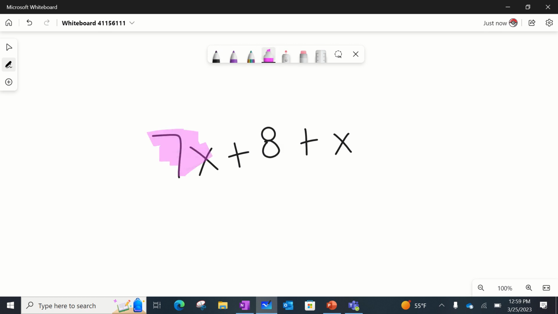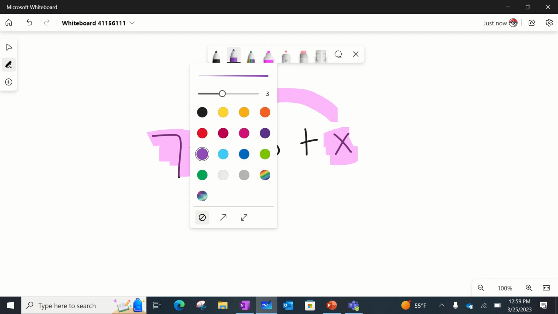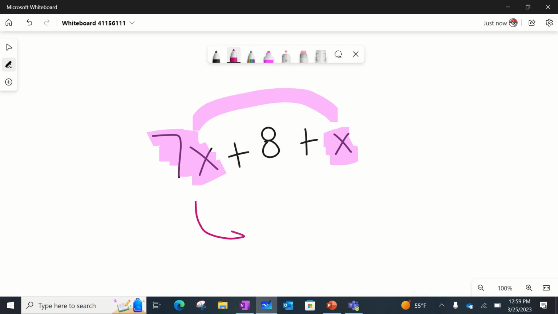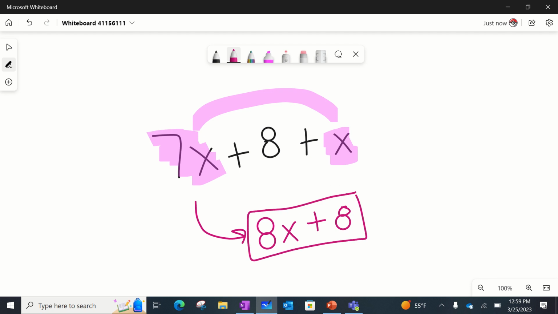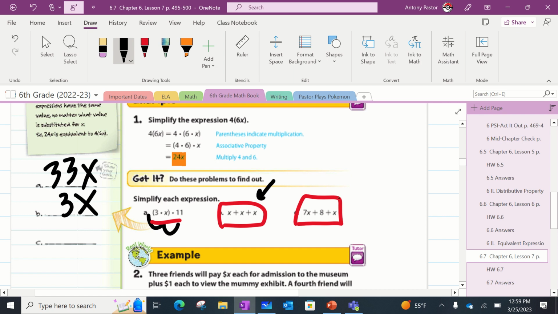Since this has an x in it and this is an x, these are the only 2 that I can add together. I cannot add 8 with it because 8 does not have an x in it. So this will become 7 plus 1x will be 8x plus the whole number 8, because there's no x in it, and they're not like terms. So this will become 8x plus 8.